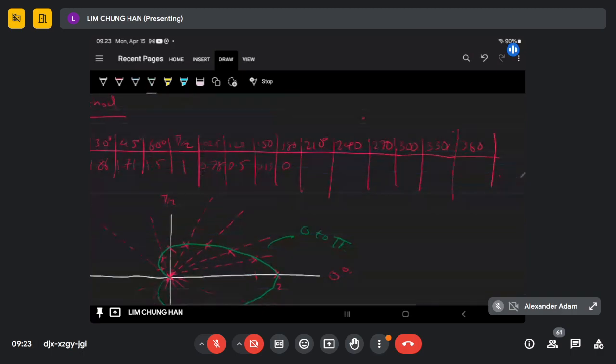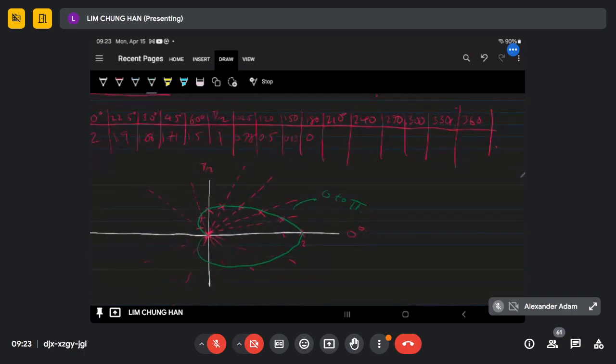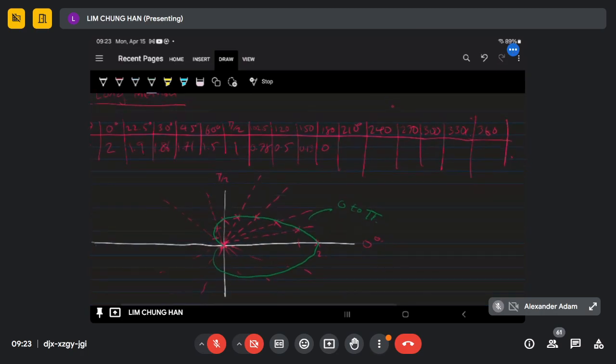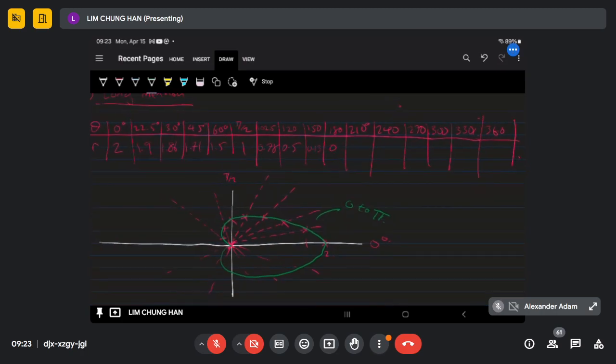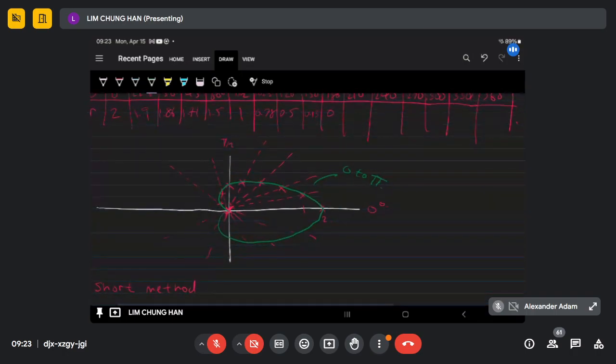After you plot this, normally you also have to show the initial point, the terminal point, and also the direction.